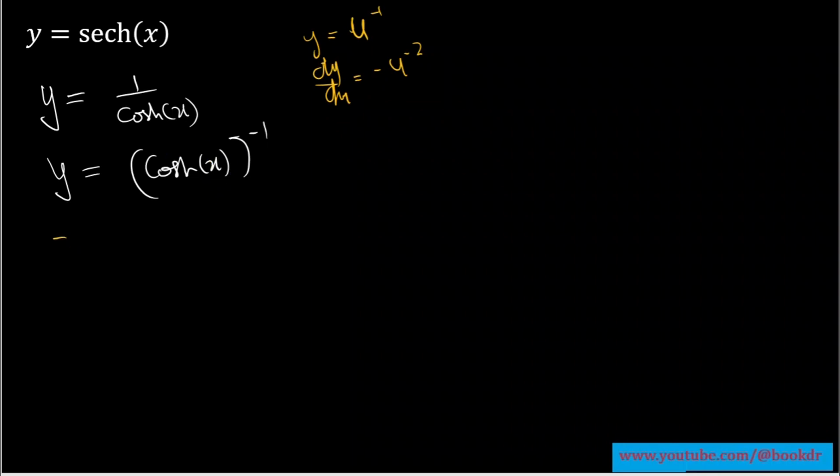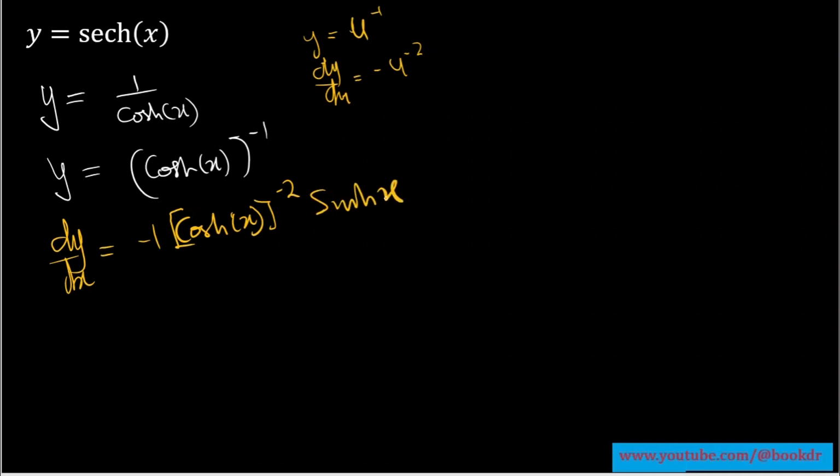So our dy/dx will be equal to minus 1 times cosh x raised to the power negative 2, then multiplied by the differentiation of the content, which gives sinh x.